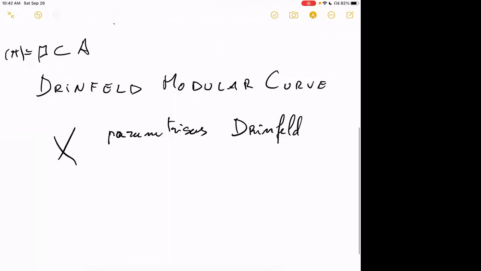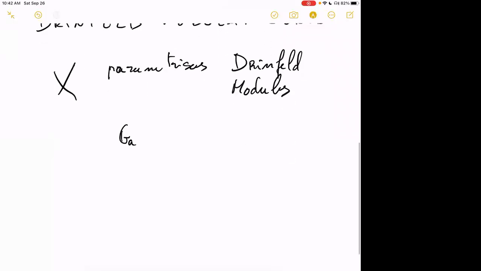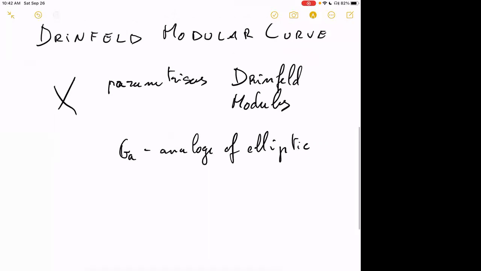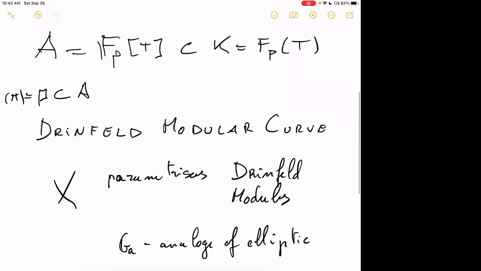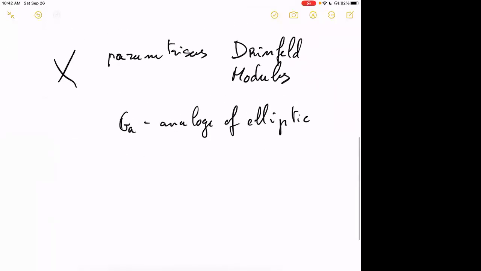And how should you think of a Drinfeld module? Well, a Drinfeld module is kind of a G_a analog of an elliptic curve. The idea is that you have G_a with an action, which is given by multiplication by elements of A. And this is our Drinfeld module.